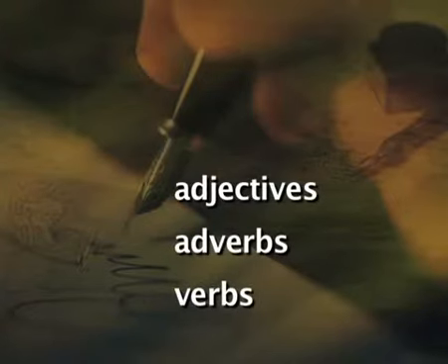Now, I want you to focus on 3 important things that I was talking about. The first one is adjectives, the second one is adverbs, and the third one is verbs. Now, look into the paragraph again. I have underlined all the adjectives.